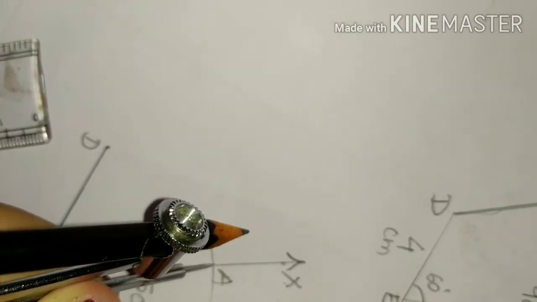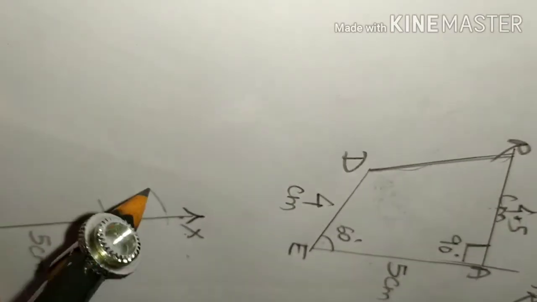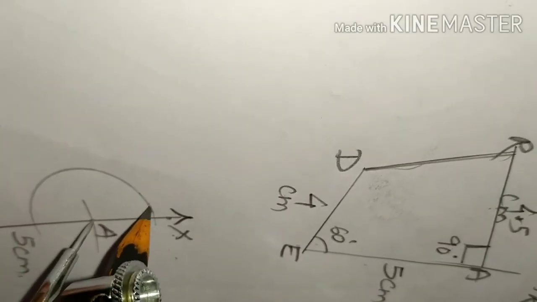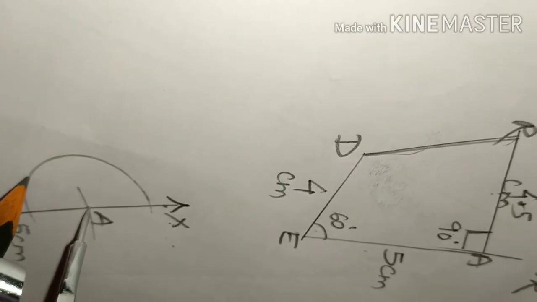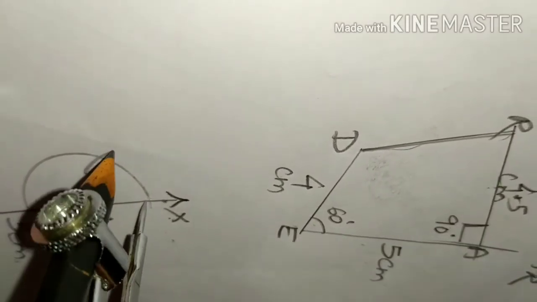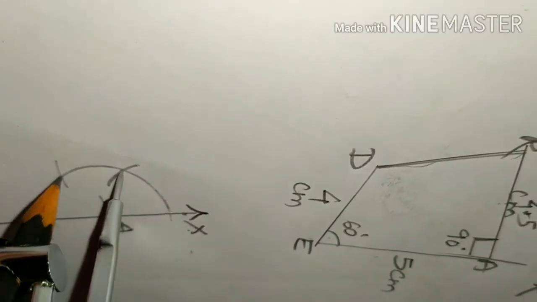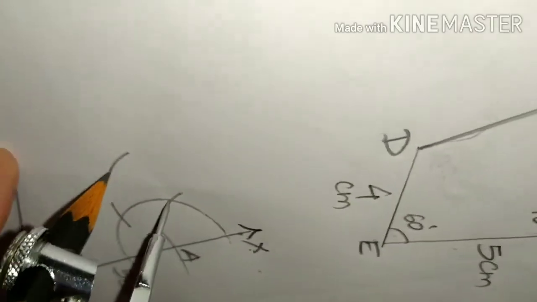So for that again take the semicircle of any measurement. From here, without changing the measurement, draw the two arcs, one of 60 degree, one of 120 degree, and from these two arcs, draw another arc on the upper side.